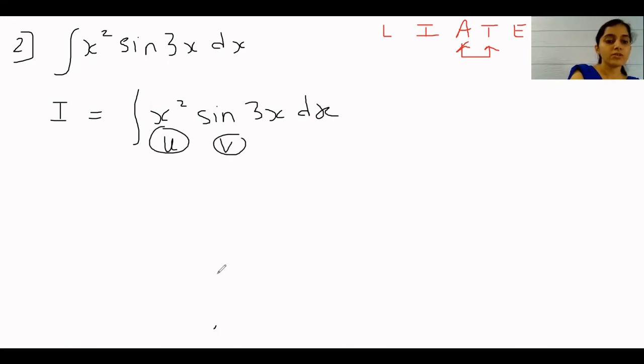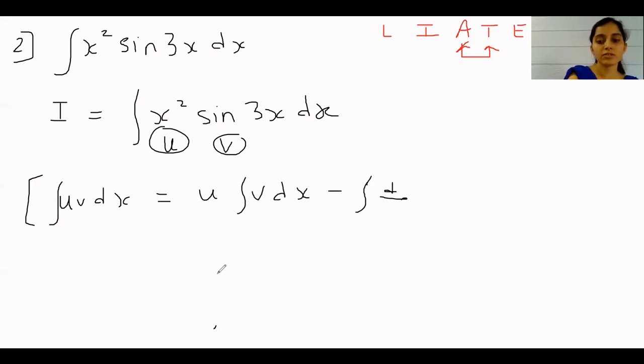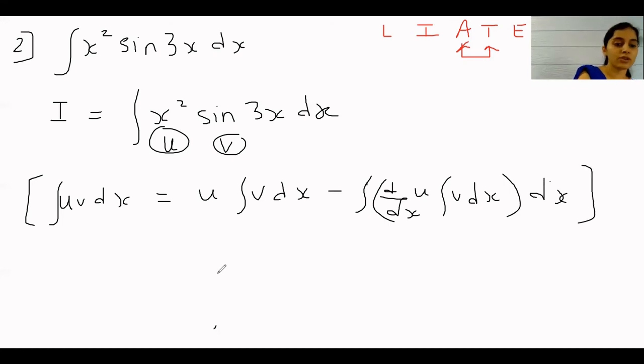What is our formula? Integral of uv dx is equal to u integral v dx, minus integration of d by dx of u times integral v dx, and then dx. So what is the answer for I then?